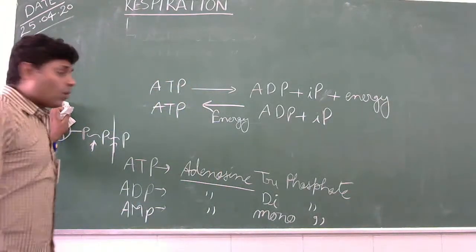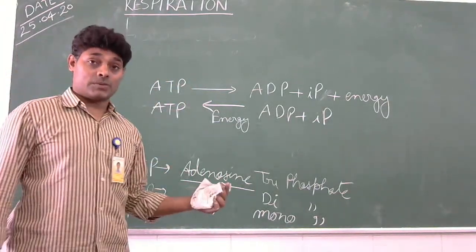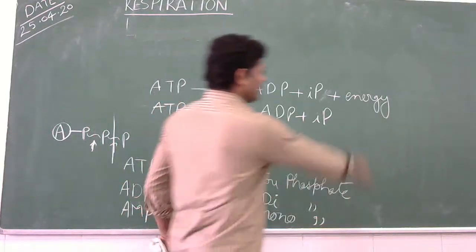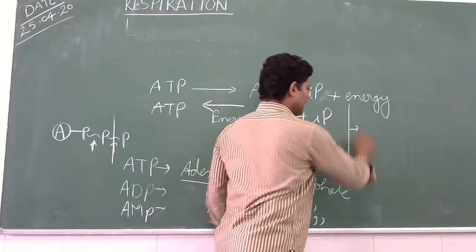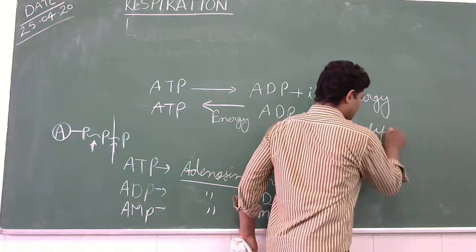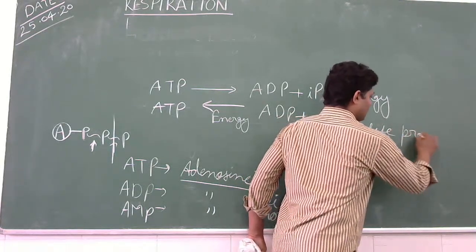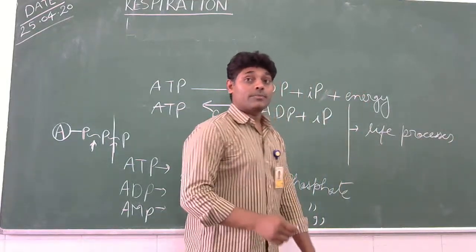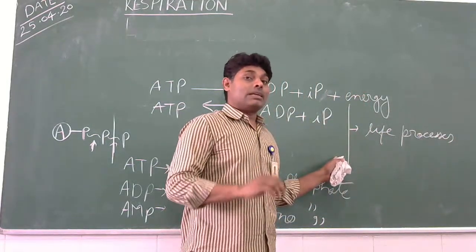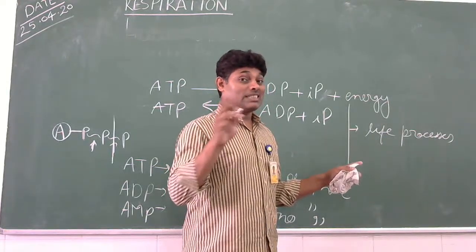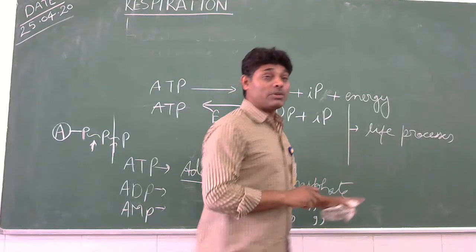The next thing, what is the significance of respiration? So as we know that this liberated energy is needed for the different life processes. Okay. The next thing, it releases some energy in the form of heat, which is needed to maintain the body temperature.